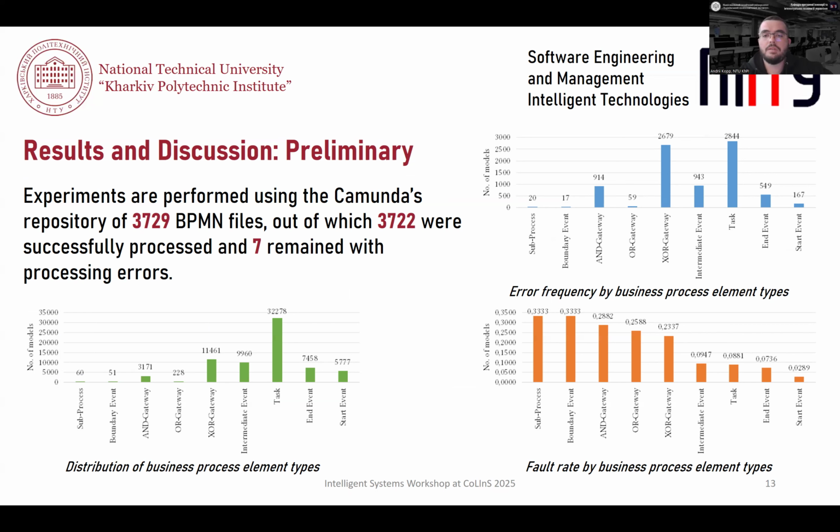And the fault rate by business process element types shows that sub-process and boundary events demonstrate the highest fault rate, then AND gateways, OR gateways, and XOR gateways demonstrate also close fault rates, but the remaining types of BPMN elements, such as intermediate events, tasks, end events, and start events, show relatively lower fault rate measures.